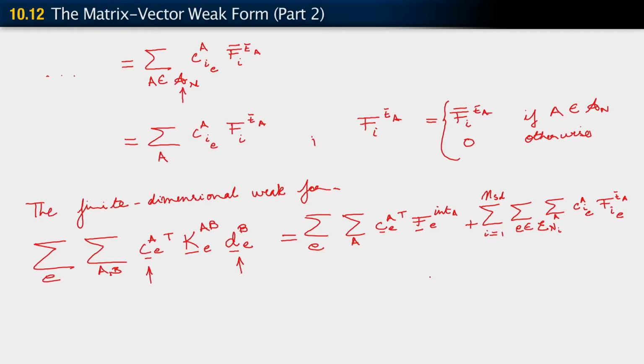In particular, what that's going to let us do is get rid of the sum over a and b, and in this case it's going to let us get rid of the sum over a. We're not going to do anything different with the third term just yet.